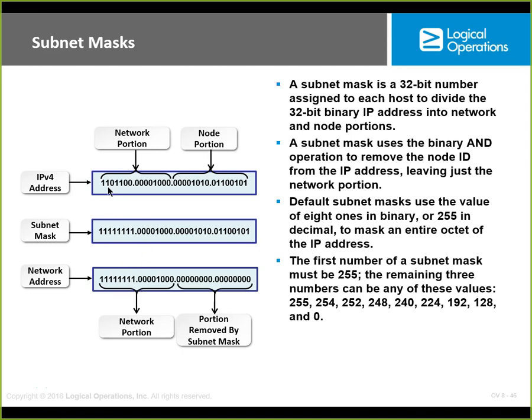I don't know what they did with this. The network portion of this one would be 110.1100.000000100, and the node portion, when we AND it with the subnet mask, all zeros here will be all zeros. This is correct, and then we could convert this number back to decimal, and it would make a whole lot more sense to us.